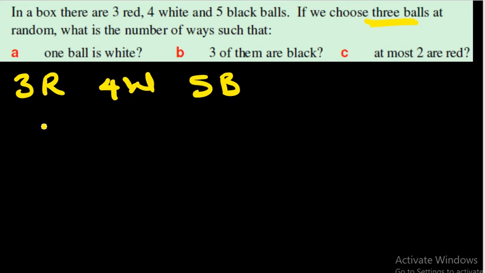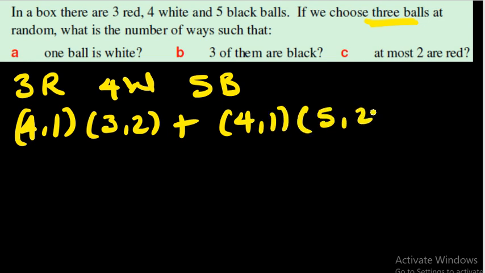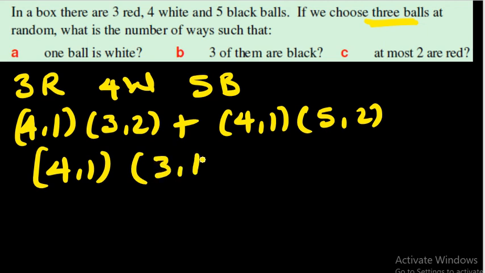One ball white means 4 combination 1, and the other 2 might be red, 3 combination 2, or the other possibility, still 1 white, the other 2 might be black. Second possibility, again the third one, 1 white and the other 2, 1 red and 1 black. It's okay. 3 combination 1 and 5 combination 1.